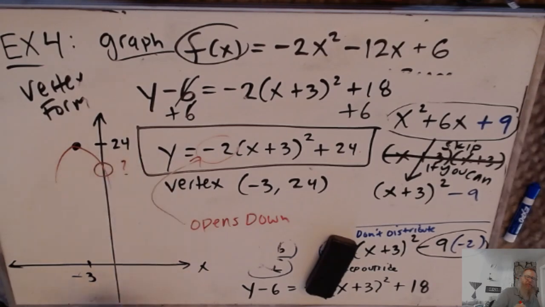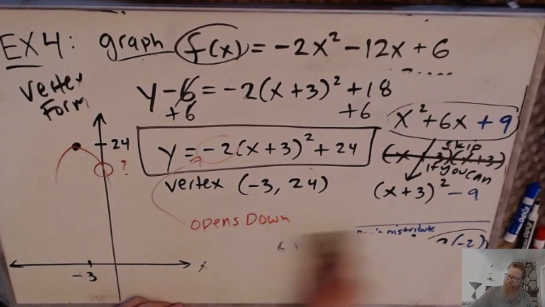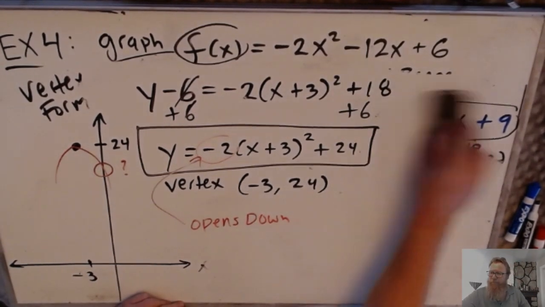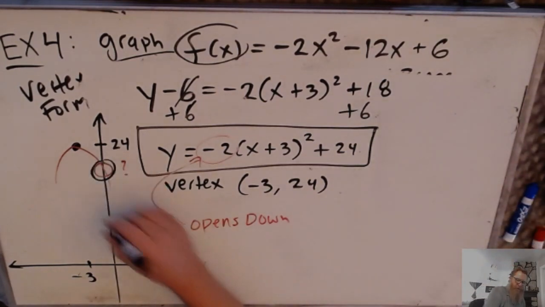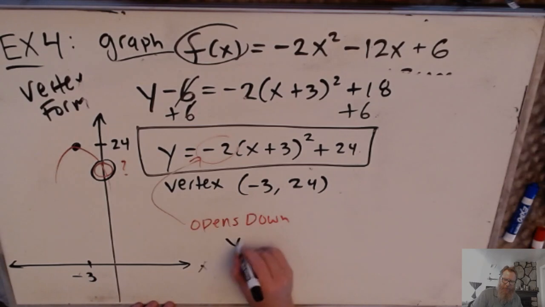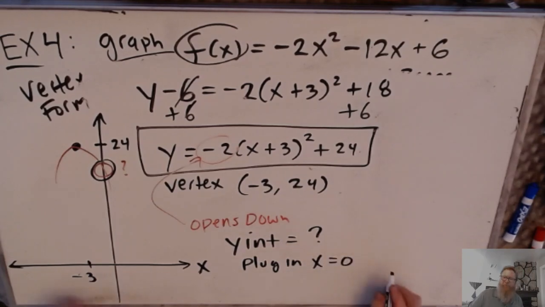So why don't we find the y-intercept and find out where it's at? So to find the y-intercept, plug in x equals 0.